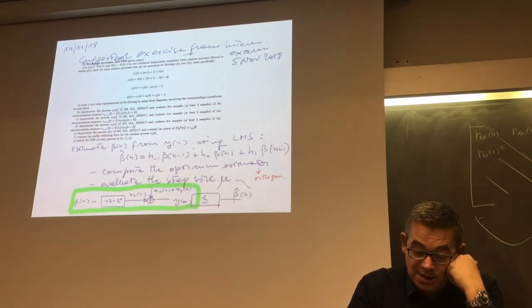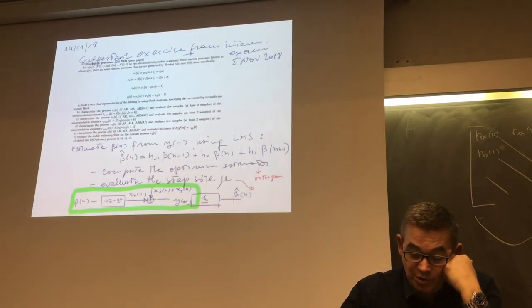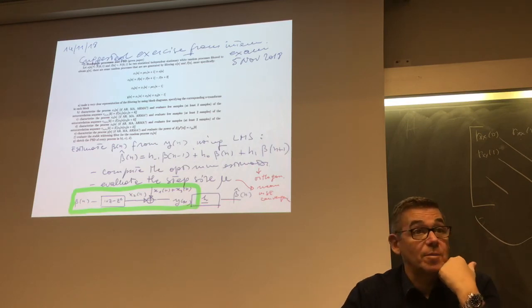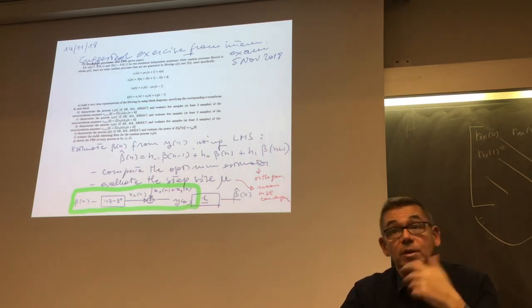Evaluate the step size of mu for mean and mean square convergence. In other words, repeat the same exercise that we did with this new problem.